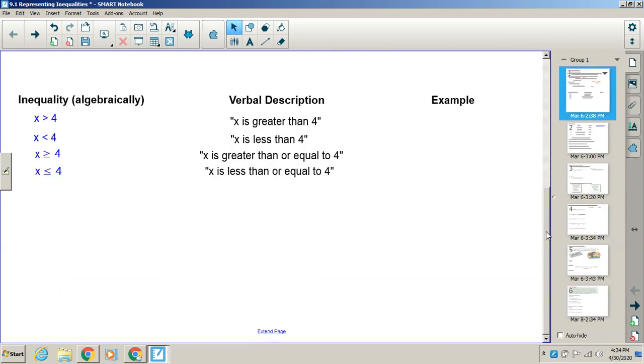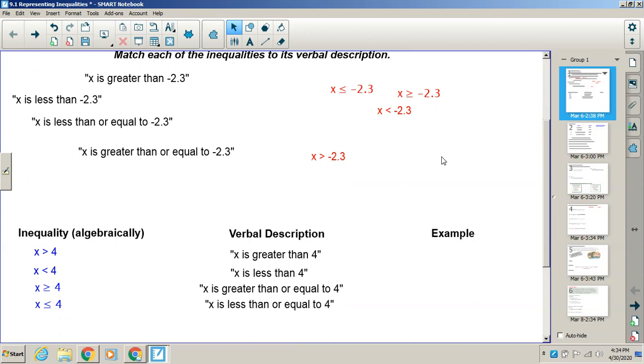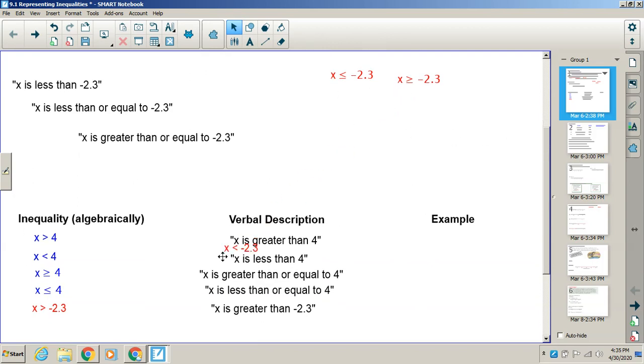The other ones are really more the same, we just have a decimal value. So here, x is greater than -2.3, so any value greater than -2.3 works. X is less than -2.3 would be there.